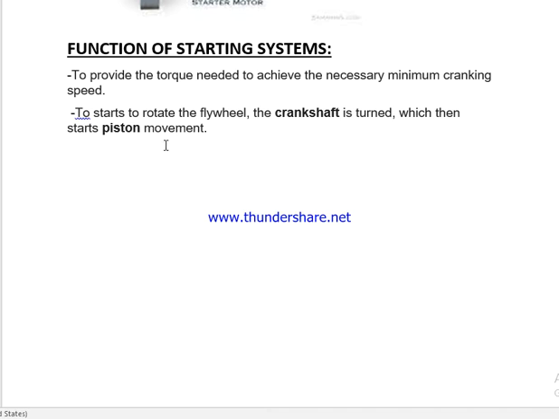The other point is to rotate a flywheel to crank, which starts the piston movement. Guys, listen to this point clearly. To rotate a flywheel is a function of the starting system, you must know it in your mind.